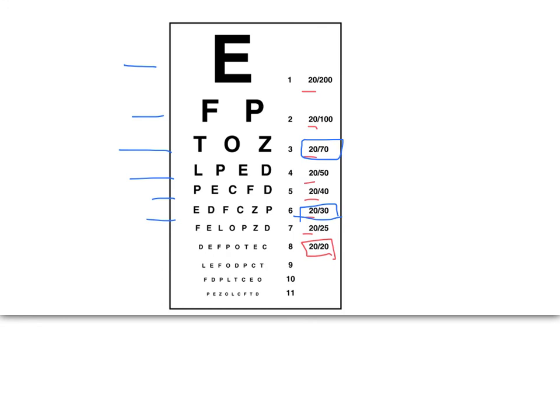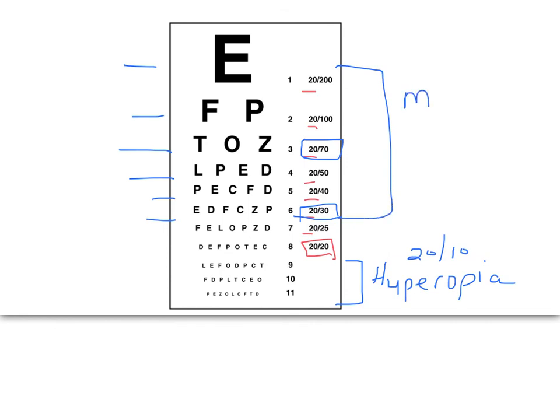Okay, when you get down in this section, this is going to be hyperopia. So someone may have something like 20/10 vision or 20/15 vision. Up here, this is going to be myopia.